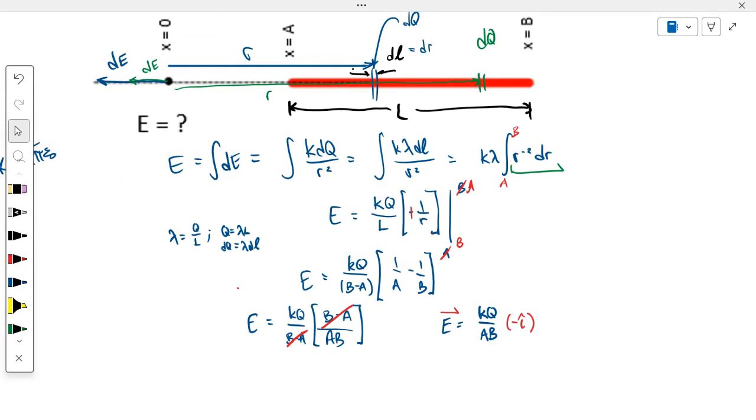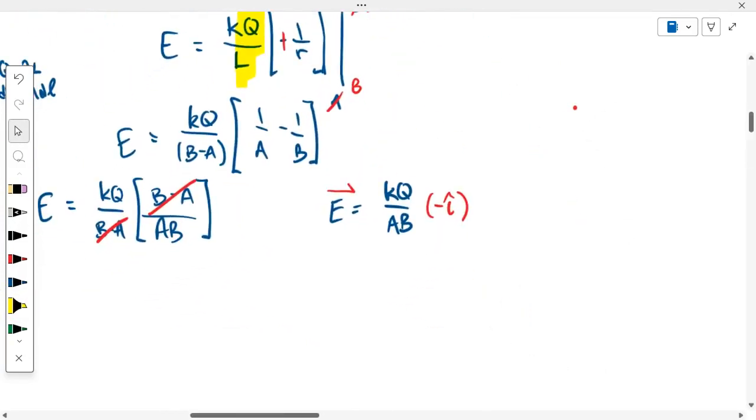A question may ask for a field in terms of the charge density lambda. I chose to turn that lambda into its definition. There are a few ways to slice and dice here, but there's an answer.